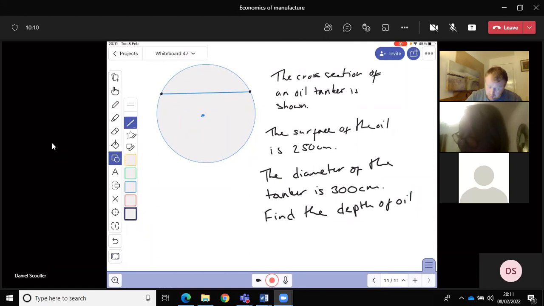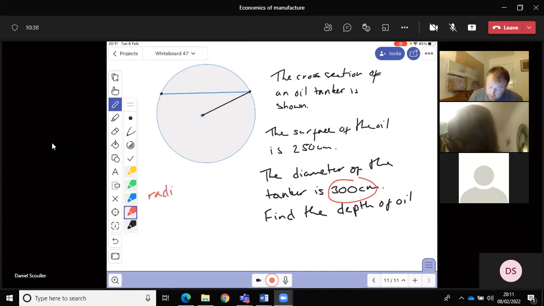So we draw a couple of lines on this. From the centre of the circle to the end of that chord, that's your radius. Now the radius is half your diameter, so we can take that to one side.